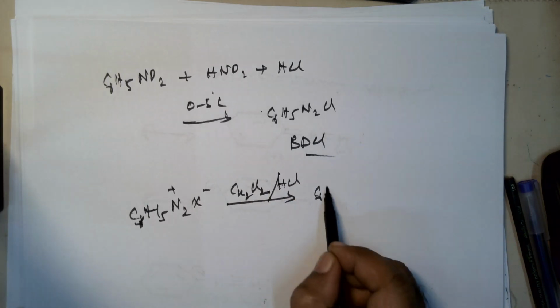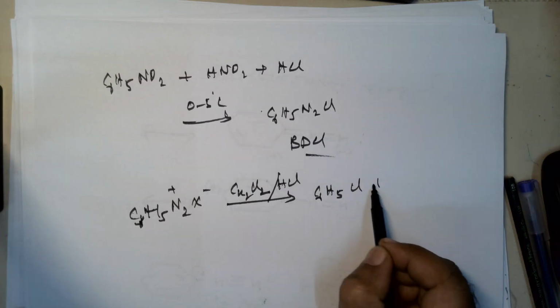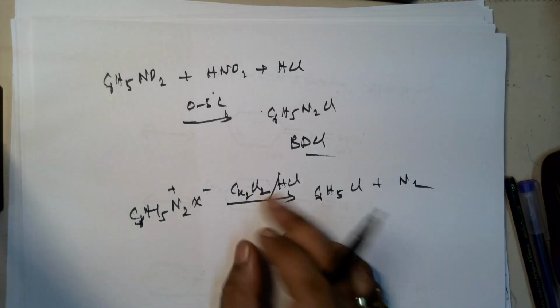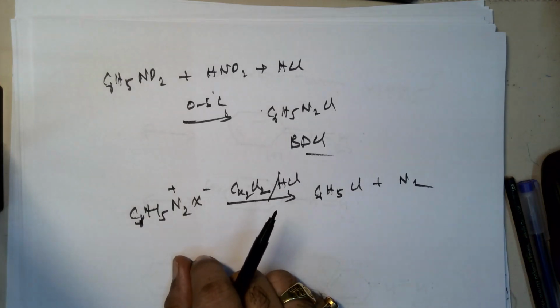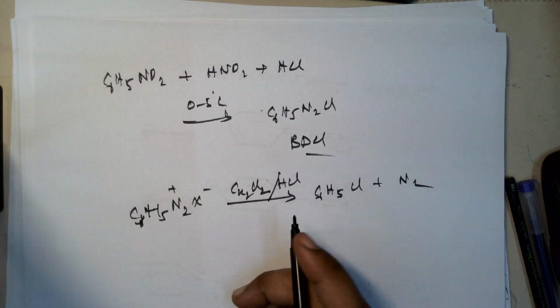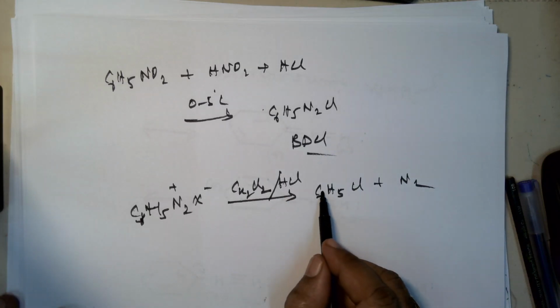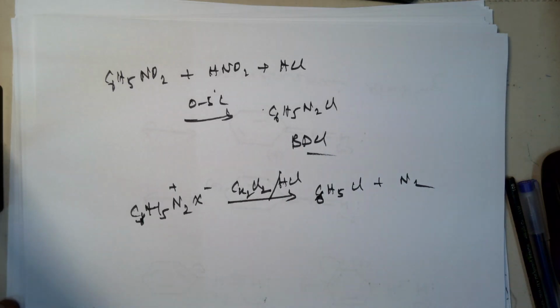It gives C6H5Cl, and nitrogen is liberated. So you are able to get the respective haloarenes. If you replace it with bromine, you will get bromobenzene, and similarly cyanobenzene.